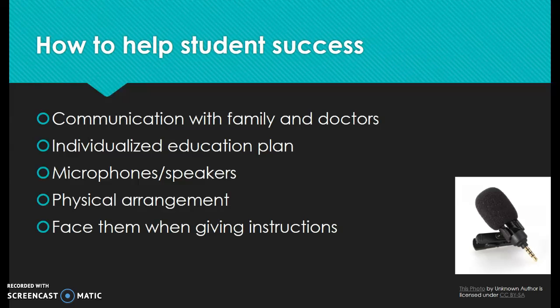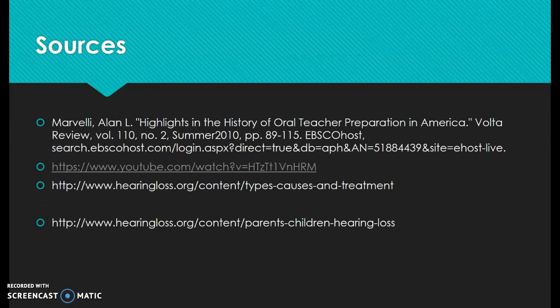Another few tools are things like hearing aids, and even for those who have lost their hearing, cochlear implants. These are just a few tools and a few ways to recognize what we as teachers can do to help students with hearing loss be successful.